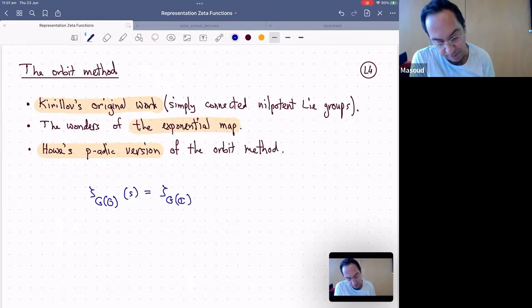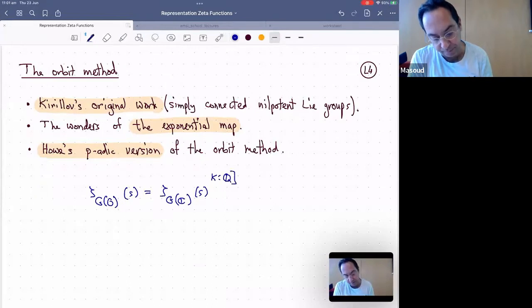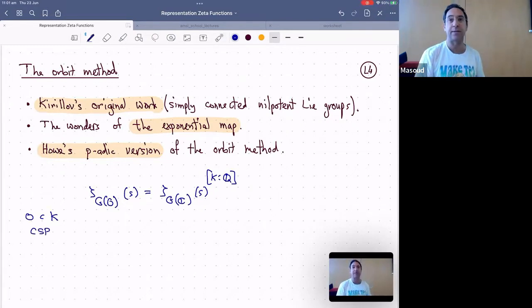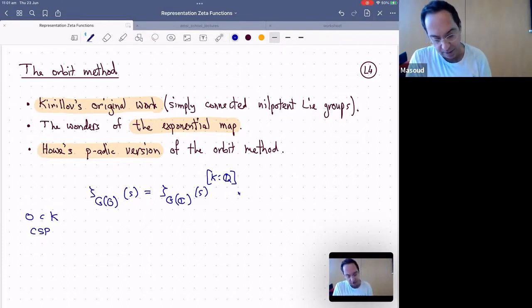You take the complex points and you look at the zeta function, and here you take the dimension of K over Q. So K is always a number field and O is the ring of integers. And in the background, we always assume the congruence subgroup property. These are, excuse me, the entrance fee to the game, because without that, we don't have this Euler product decomposition and we can't say much.